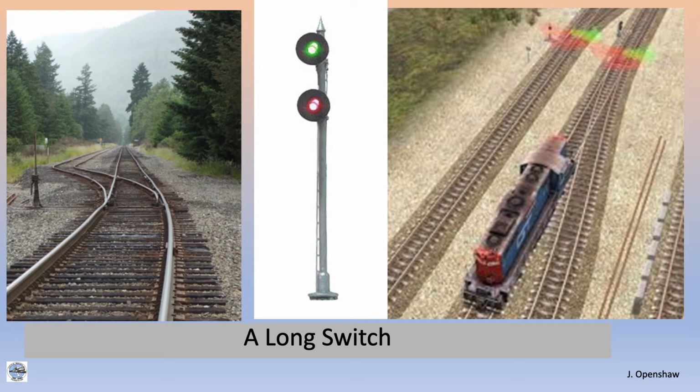The longer the point to the frog, the higher the rating for the switch. If you look at the switch with the model train there, you can see it's a long switch. So he can hit that at a pretty good clip, whatever he wants to go, without tipping the cars over and derailing. Okay, next switch, Dave.